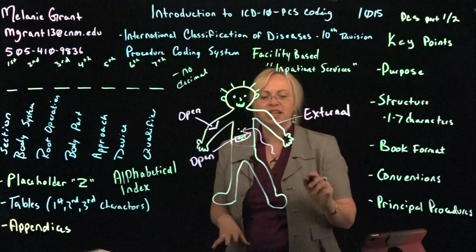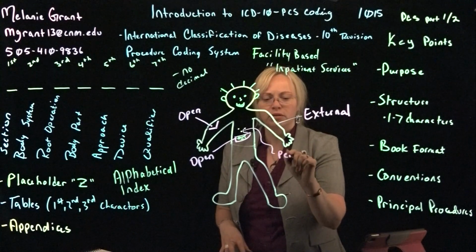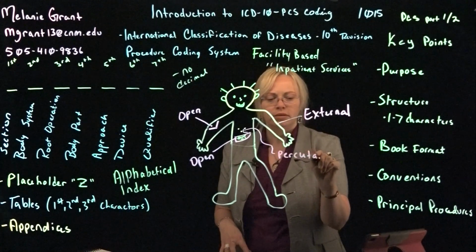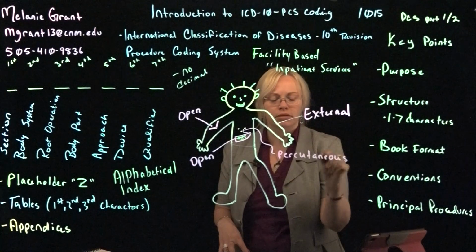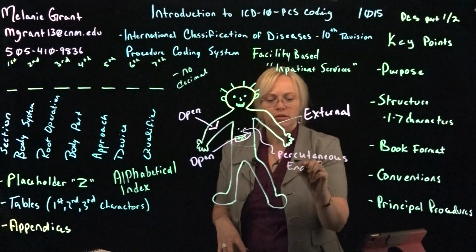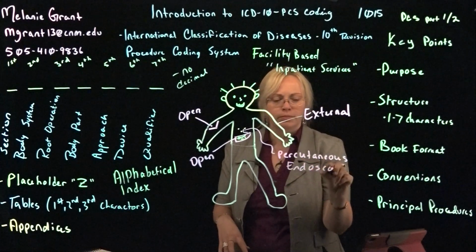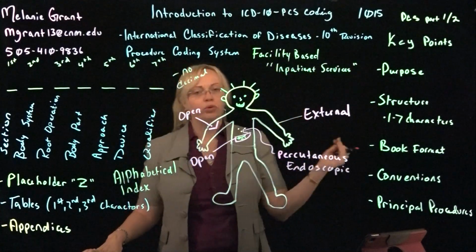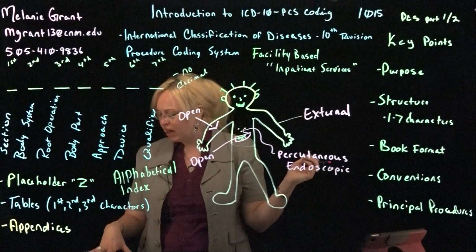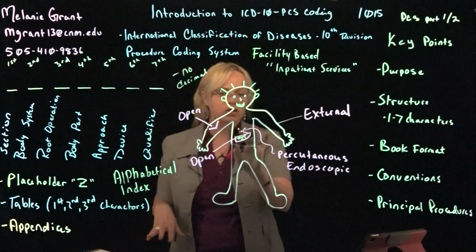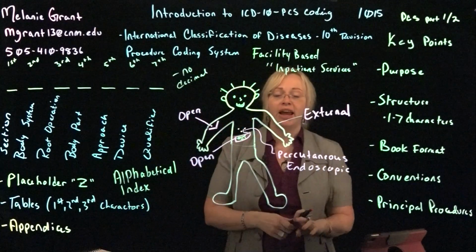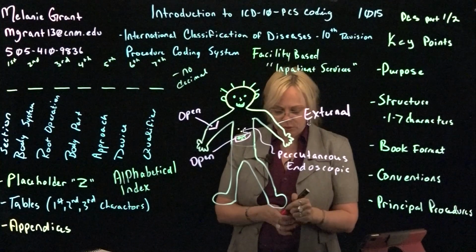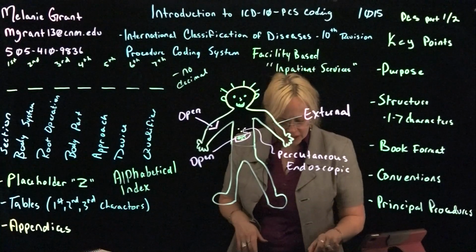So that's a percutaneous endoscopic approach. Percutaneous because we go through the skin, we're cutting in, and we're using a scope to get into, say, doing a cholecystectomy, when we're removing the gallbladder.